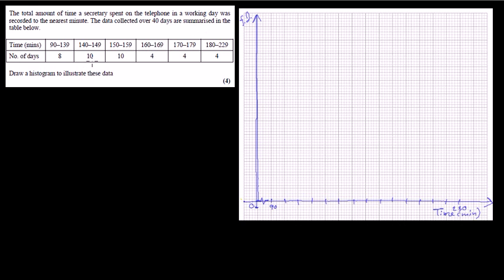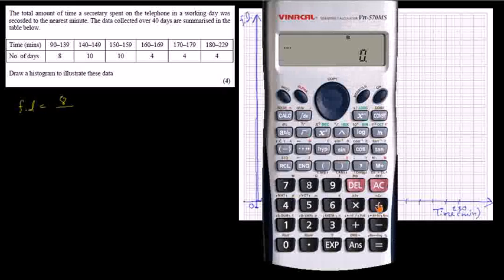So when we draw a histogram, the first thing that we need to know is the frequency density. Frequency density is frequency divided by class width. So since there is a gap here again, it will be 139.5 minus 89.5. We can just subtract it. 139.5 minus 89.5. So we can just do 139 minus 90 plus 1, the shortcut method.